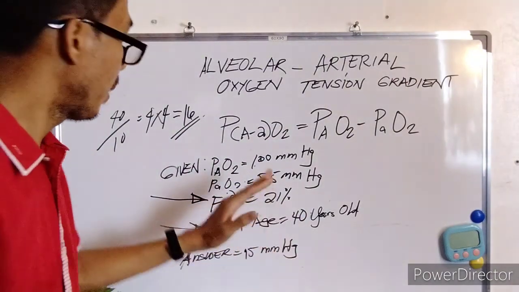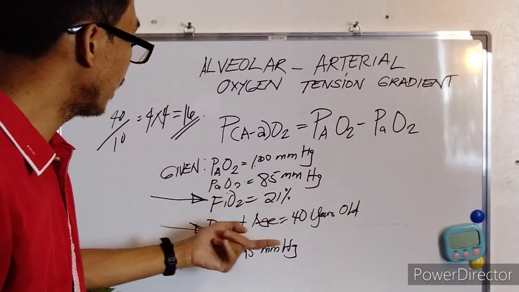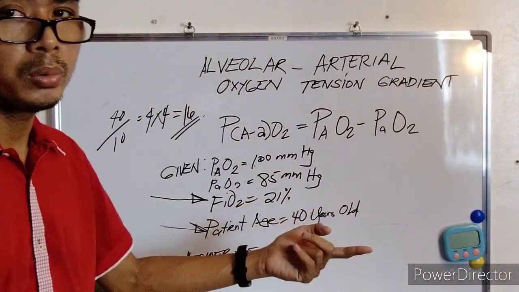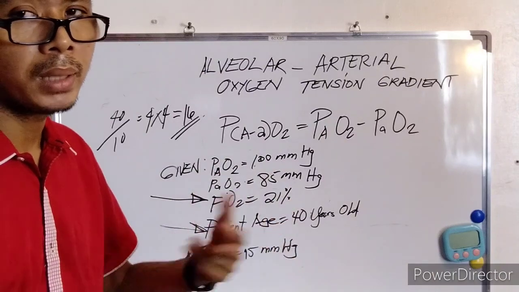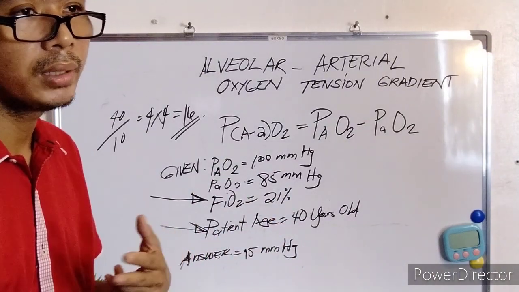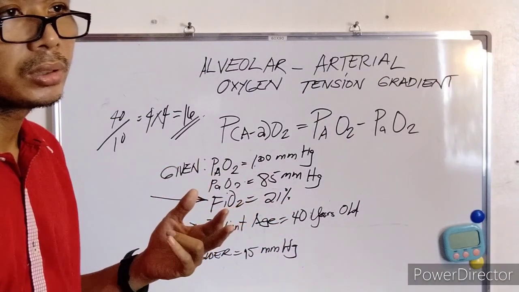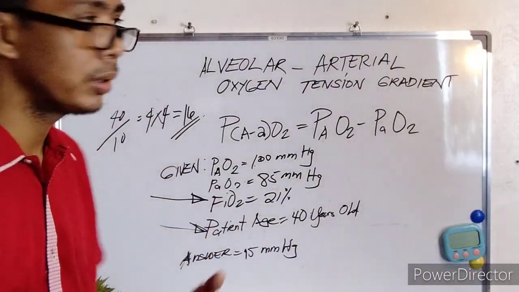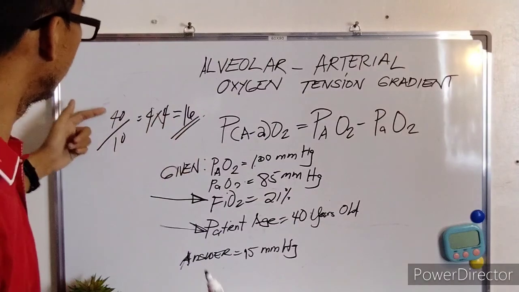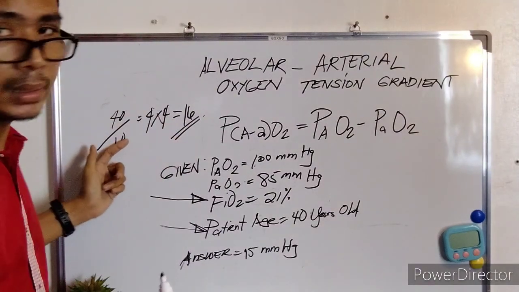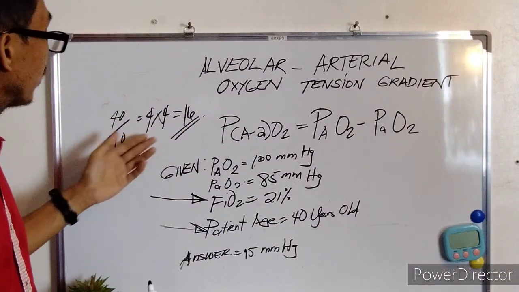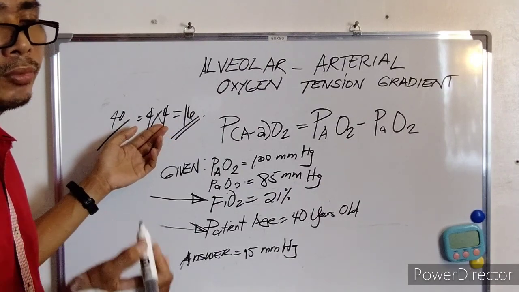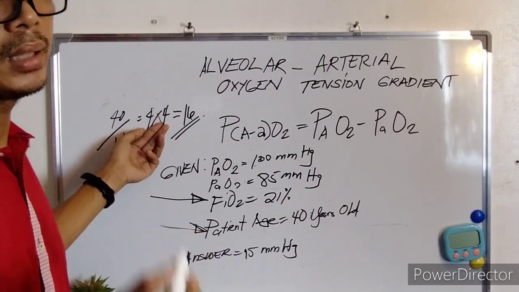Very simple. But this is 21% and your patient is 40 years old. So rule number 1 applies, that in every 10 years of age, how will you interpret that into the equation? Put the age, then divide it by 10. As you divide, you get the result of 4, because in 40 there are 4 sets of 10.